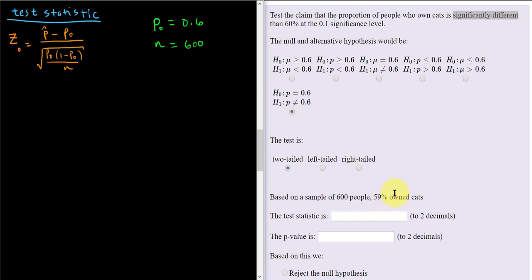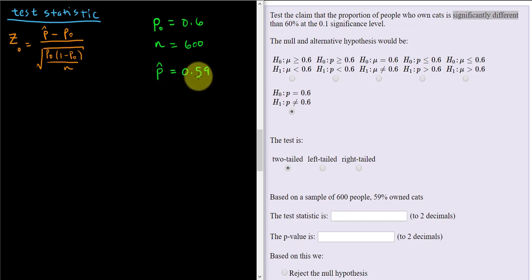The proportion of that sample who owned cats was 59%. In this example, they have already computed p hat as a decimal. So they didn't say it was 59 out of 100 people. They already computed this as a decimal. So that's kind of nice.